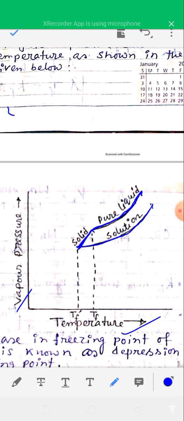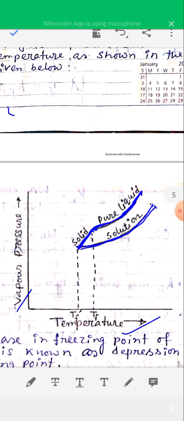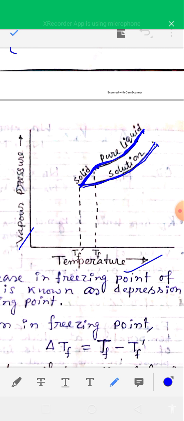If you decrease temperature, the vapor pressure of both the pure liquid, that is pure solvent, and the solution will decrease. When the vapor pressure of the pure liquid becomes equal to the vapor pressure of the solid, then the liquid will freeze, and this temperature is known as the freezing point of the liquid.